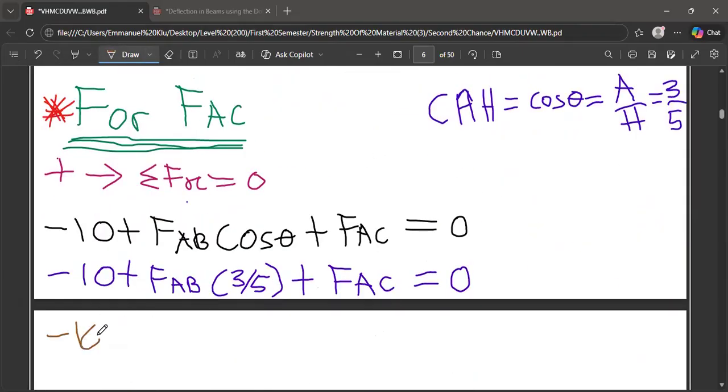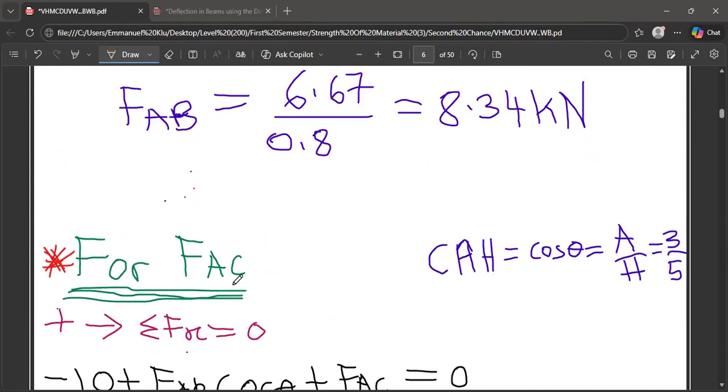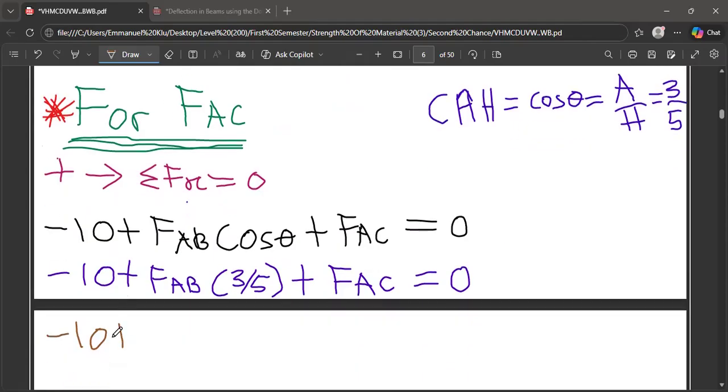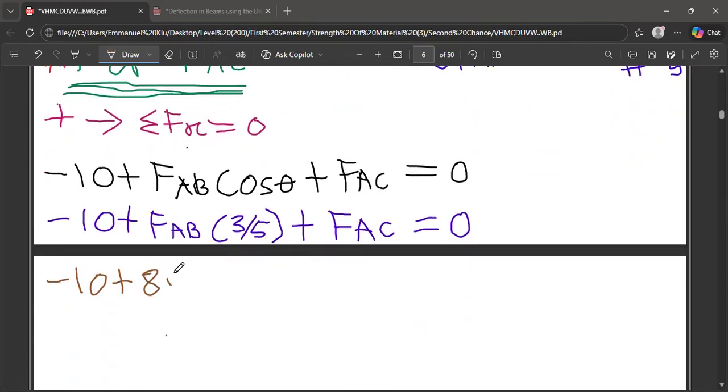Anywhere we are going to see FAB, I'm just going to put 8.34, so plus 8.34 multiplied by 3 over 5, plus FAC.